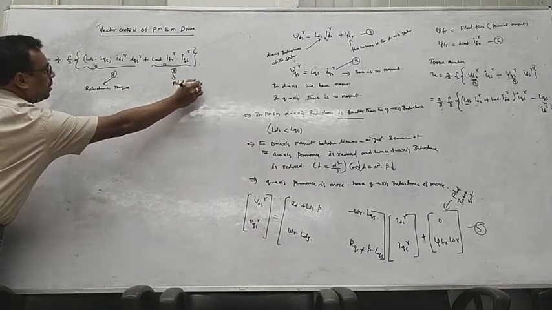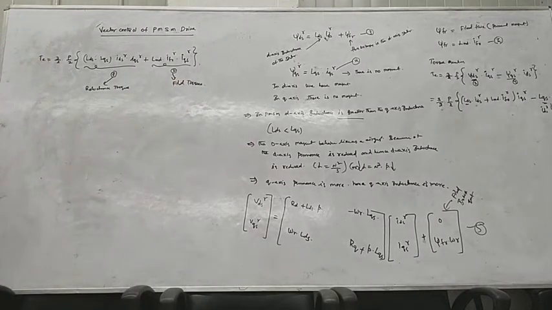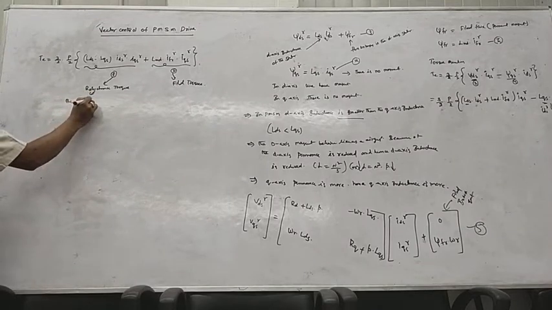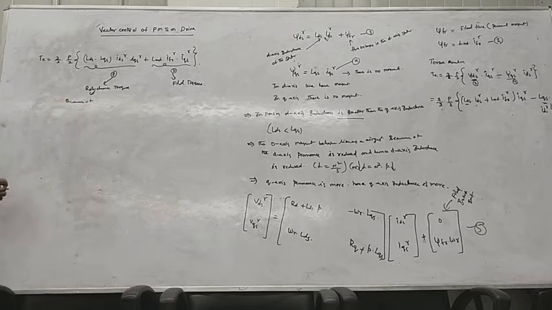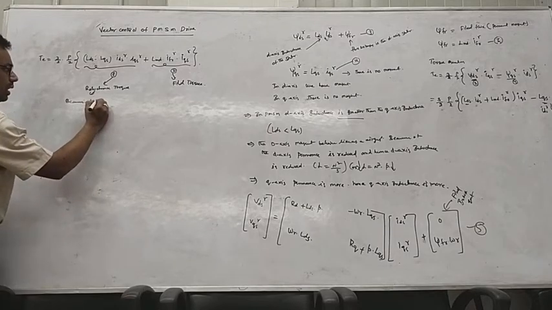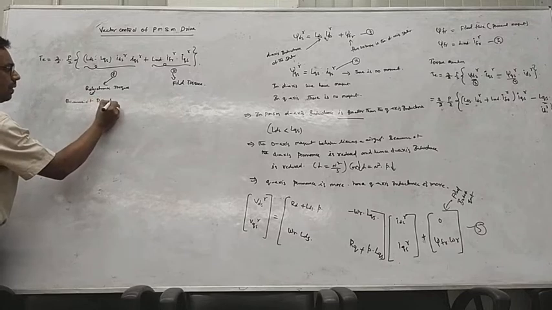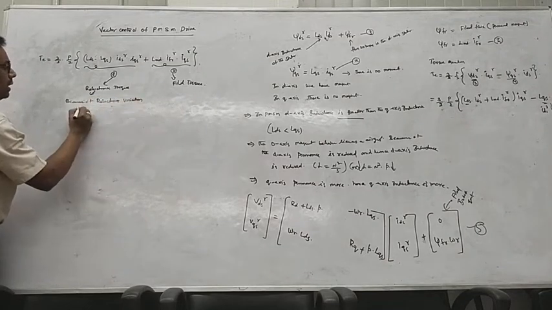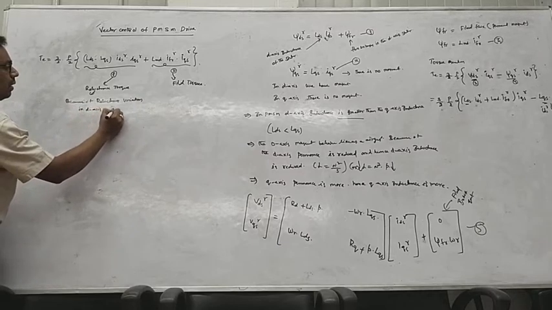The reluctance torque is present because of reluctance variation in the D axis and Q axis.